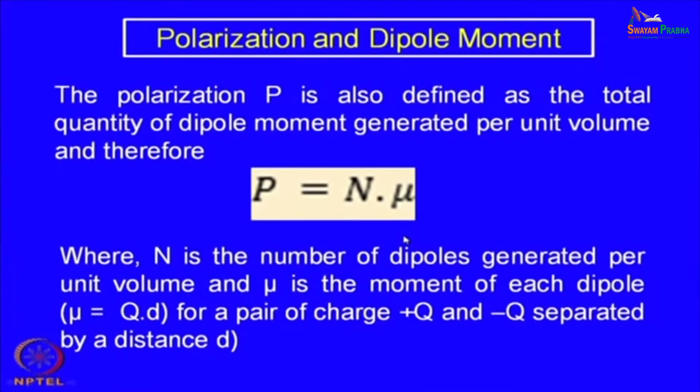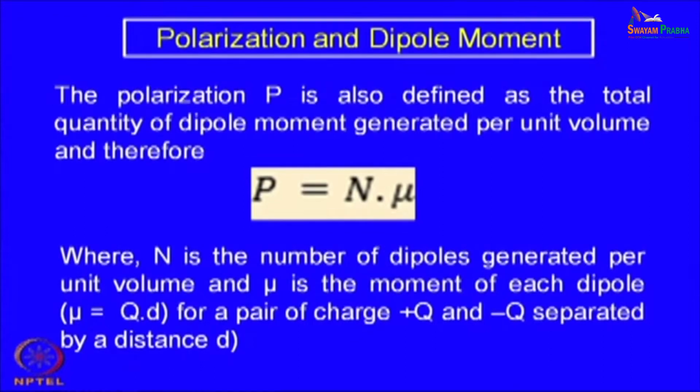How many dipoles are created, and what is their dipole moment? N is the total number of dipoles generated per unit volume. So, per unit volume, the total dipole moment generated is the measure of polarization.